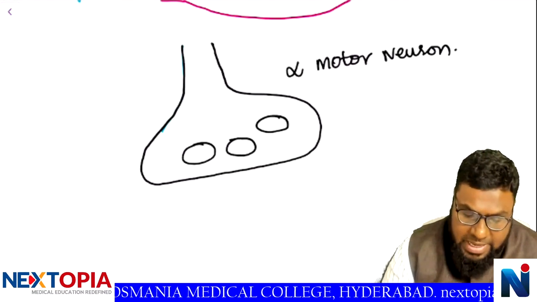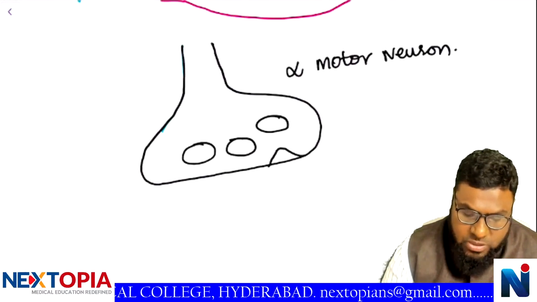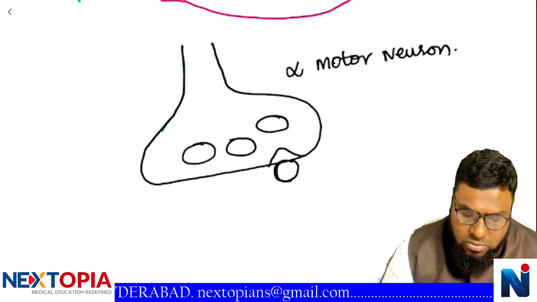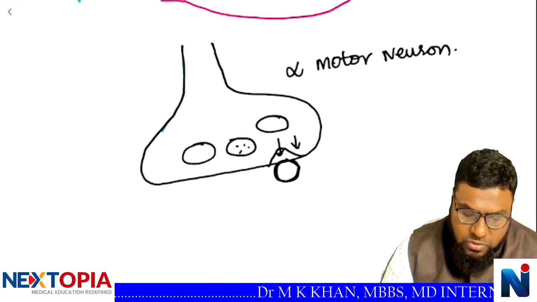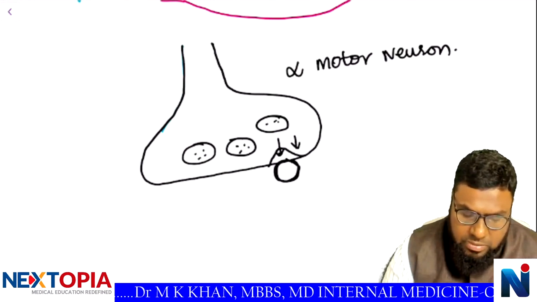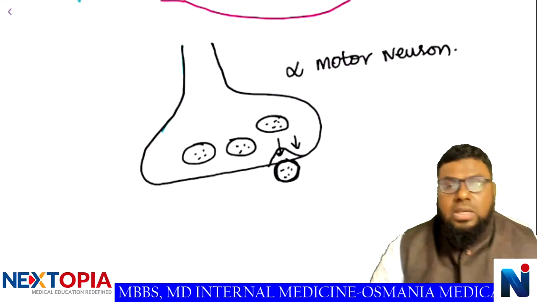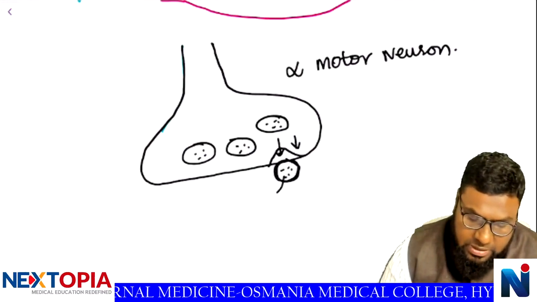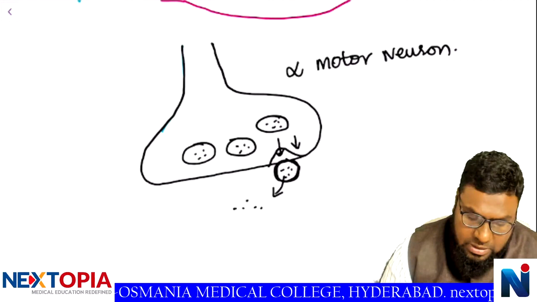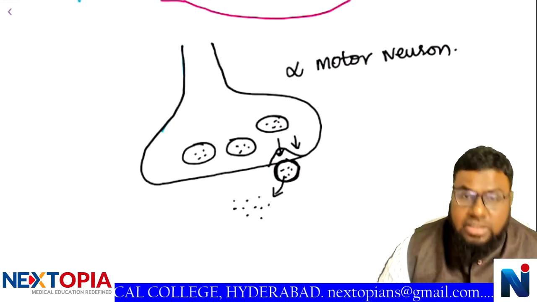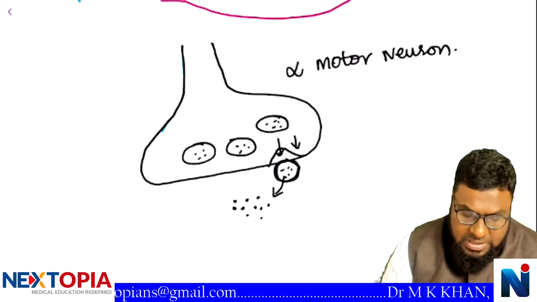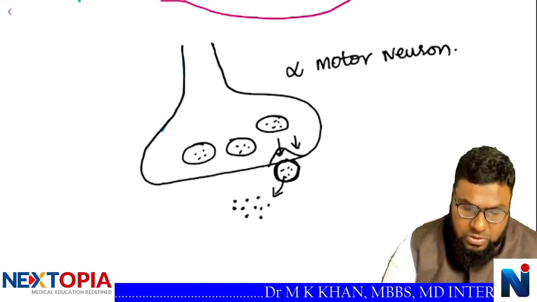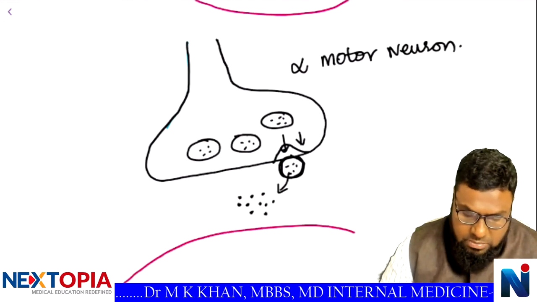These vesicles get exocytosed and come out in this direction, full of acetylcholine. This acetylcholine has to interact with the acetylcholine receptors present on the neuromuscular junction. Suppose this is the muscle.